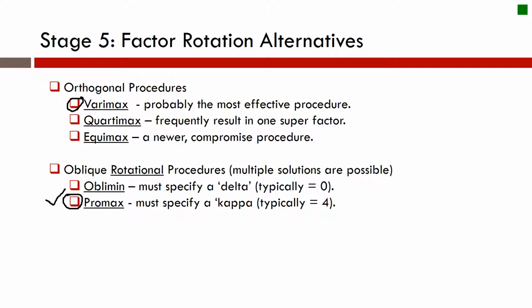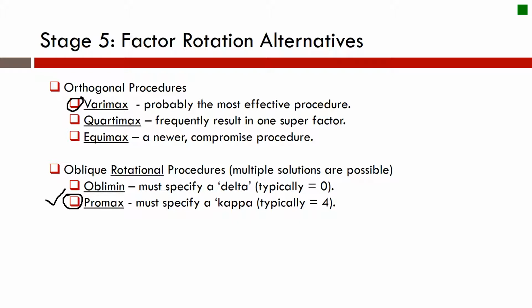The other thing that it does is it assumes that the factors that are returned will be correlated with each other to some extent. In an orthogonal procedure, we make the assumption that the factors are not correlated, but reality would suggest that more often than not, factors will be correlated at least some.